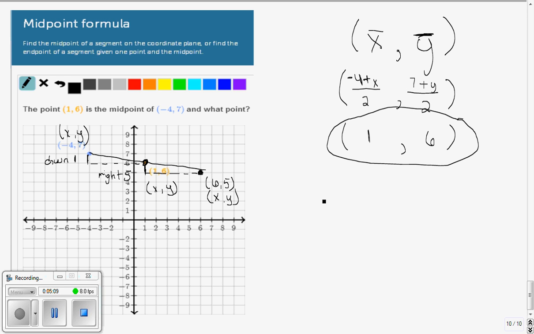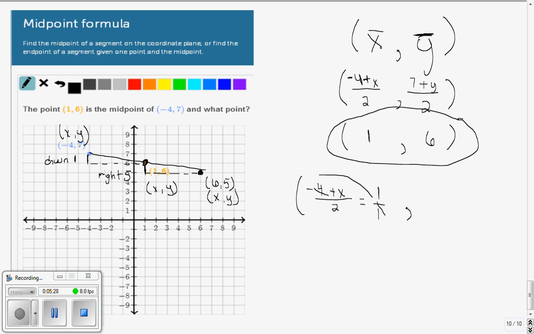So how can I use this? Well, I can just set up an equation and solve it. I can say (-4 plus x) over 2 is equal to positive 1. The easiest thing I can do here is say positive 1 is a whole number, so I'm going to put it over 1.